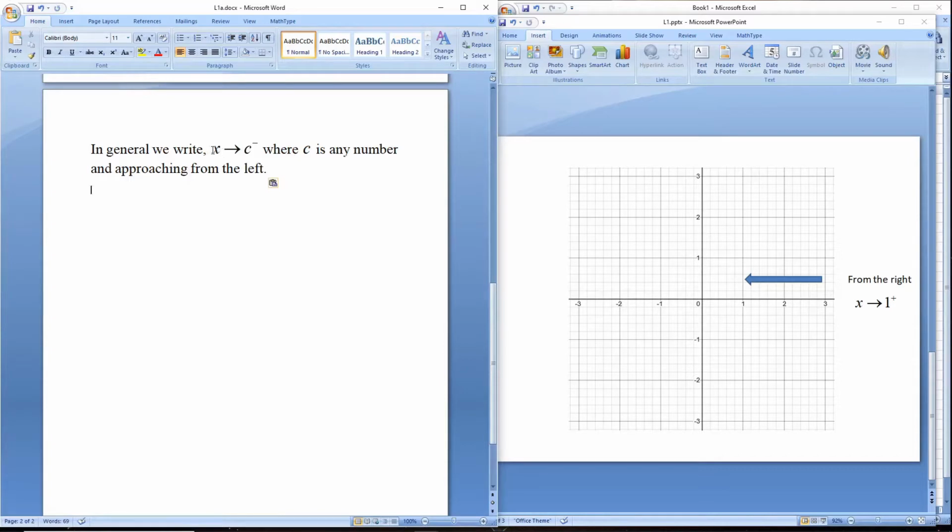So we would write x approaches c from the left, where c can be any number here. C can also be 0, any number. And the other piece of notation we have here is the plus sign. So we can write then x approaches c from the right. And so now our new notation here is the arrow and sticking this plus or minus in the superscript position here, where you'd normally expect an exponent to be.